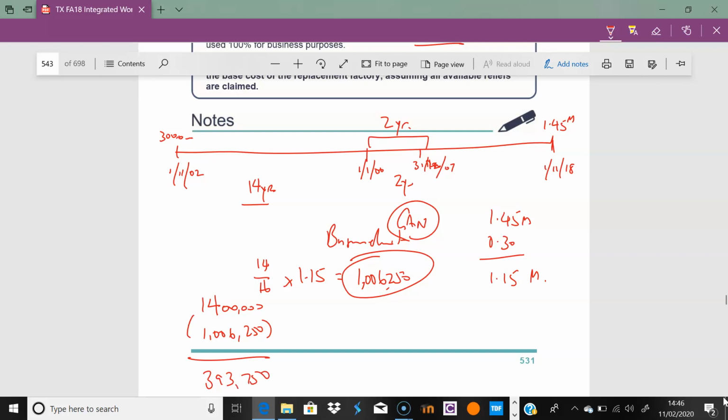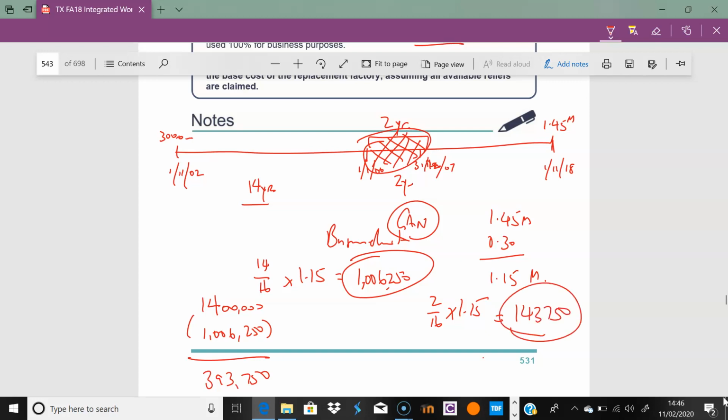The non-business element, as you can imagine, is this 2-year period that was not business related, so it can't enjoy any of the relief. It's just a chargeable asset as normal. So whatever the balance is, the difference here, 2 over 16 times 1.15 million, gives us a nice clear 143,750.